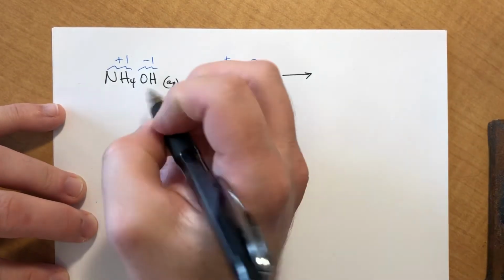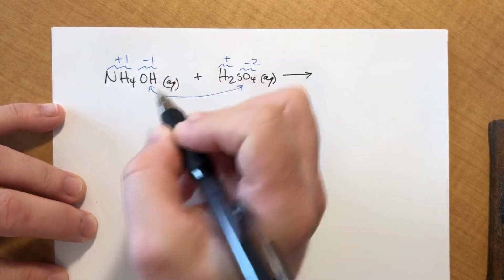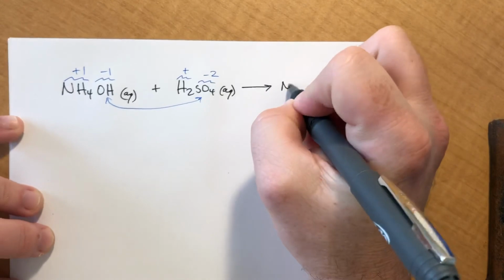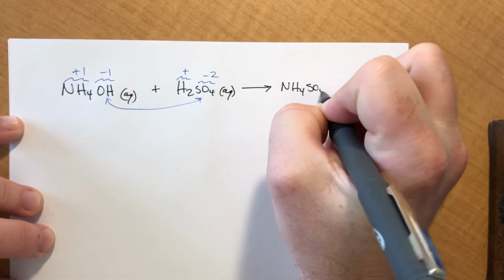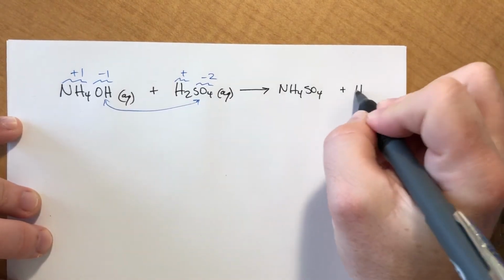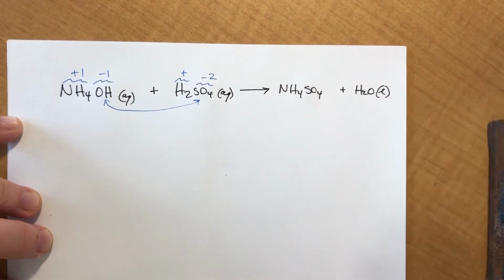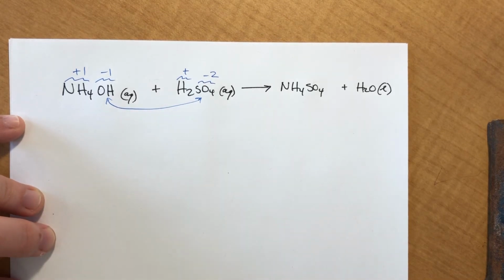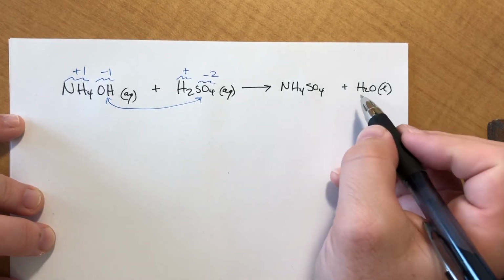So we switch the negatives, and NH4 will go with SO4, and H and OH become water. So honestly, NH4OH as a base is not really that weird. It doesn't do anything exceptional.